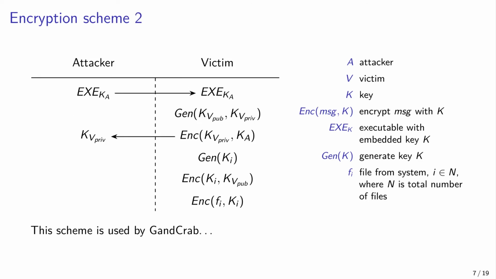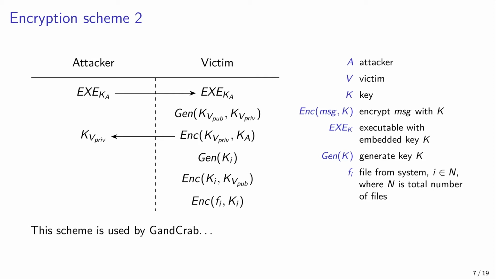The second encryption scheme that we encountered during our research takes a slightly different approach, and it is more suitable for mass infection campaigns. This time, the executable comes with a special attacker's key. When the sample is run, the public and private key pair is generated directly on the victim machine.